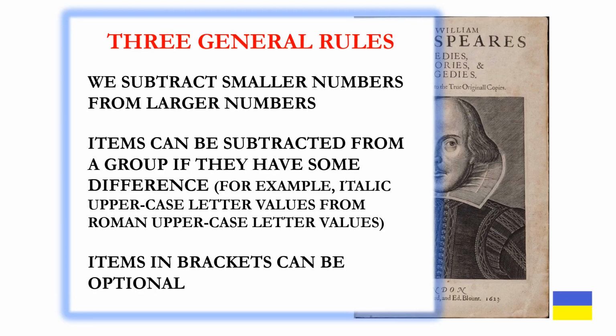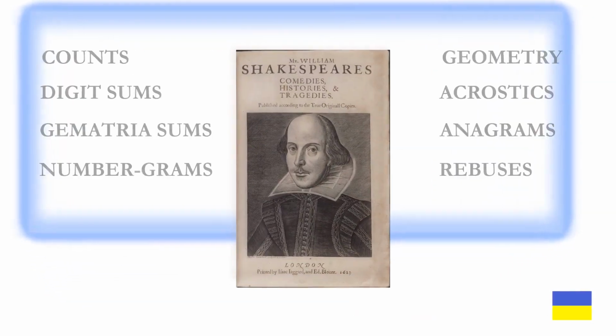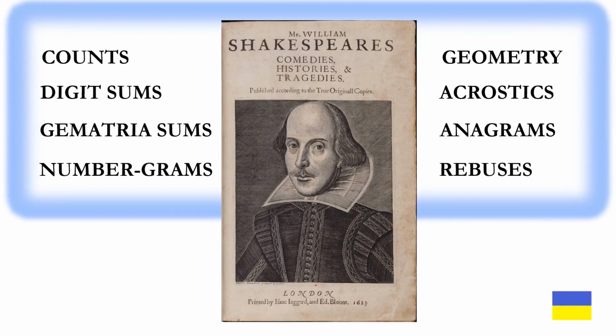And the types of puzzles we have under these rules with these key features are simple counts, digit sums in which the sum of the digits of a solution equal our target number, gematria sums in which the total number of gematria values equals our target number or a multiple of our target number.